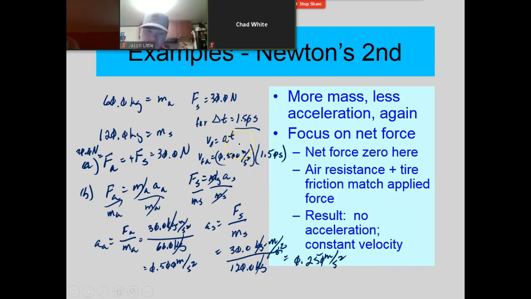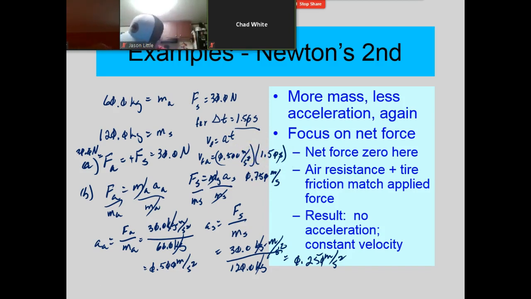That'd be 0.750 meters per second, because this second cancels one of those seconds out.